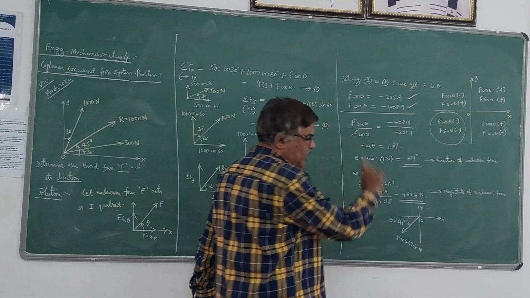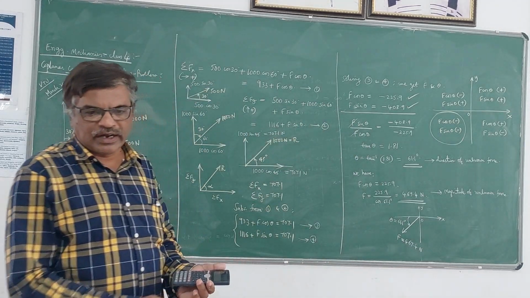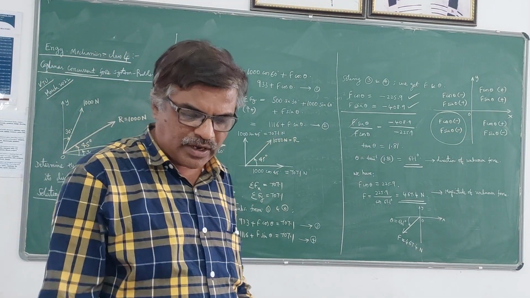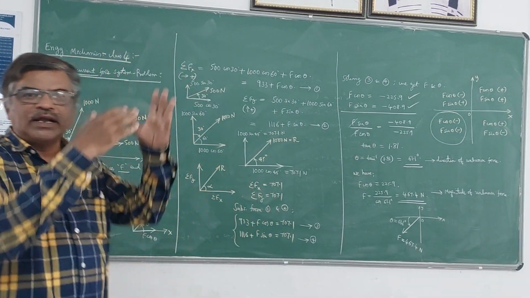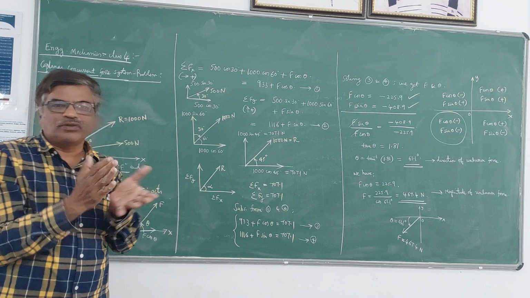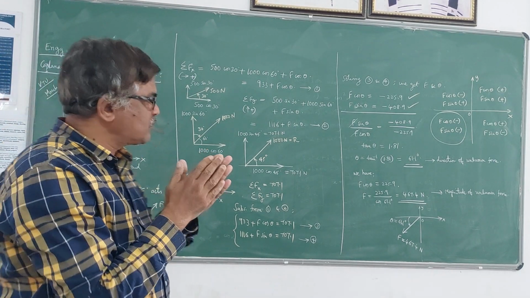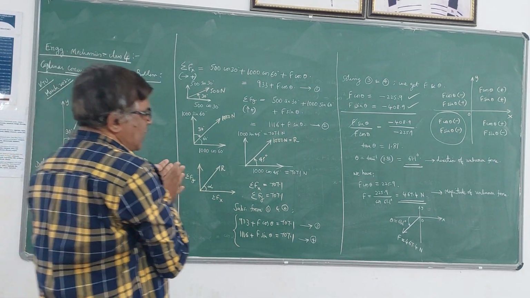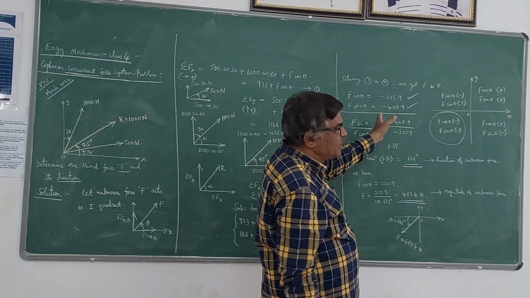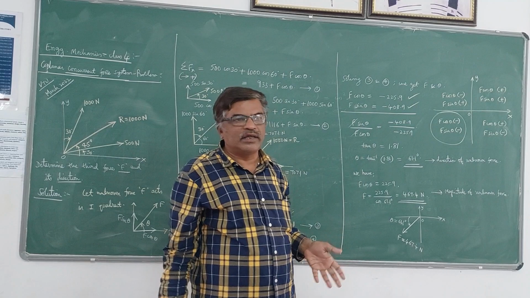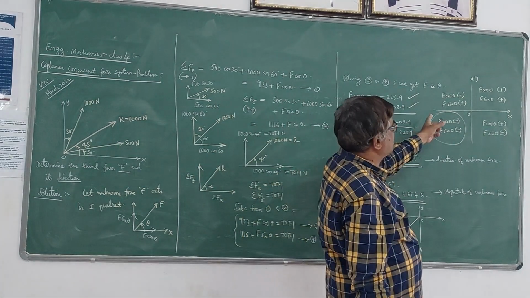So this is how we have to show the unknown force finally. Initially we will not know in which quadrant that force F lies. Resultant is given, one unknown force will be there, and that unknown force's magnitude and direction we have to find out. After getting the values, you have to decide in which quadrant F lies based on this criteria.